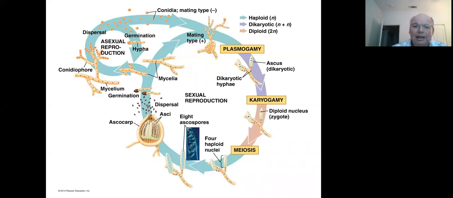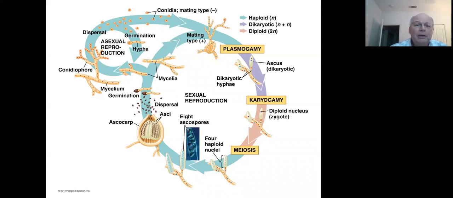And so we can take a look and see what sort of patterns of genetic diversity we see in those 8 haploid nuclei as a product of meiosis and mitosis consecutively.